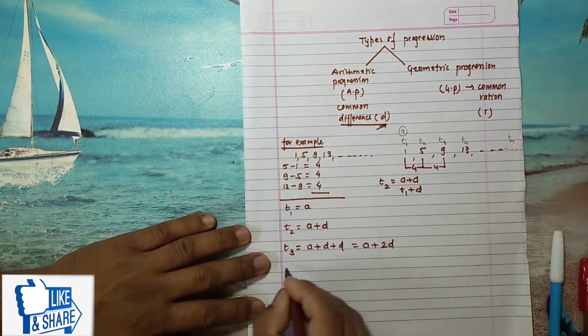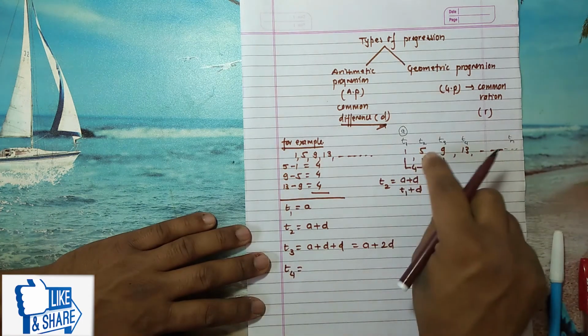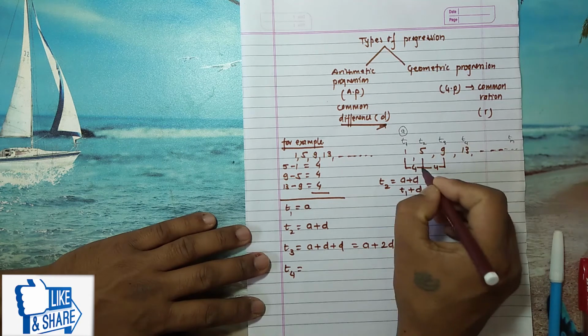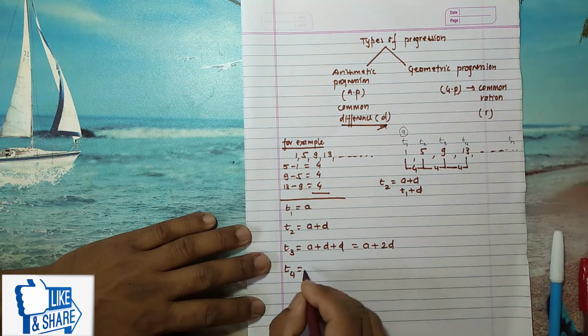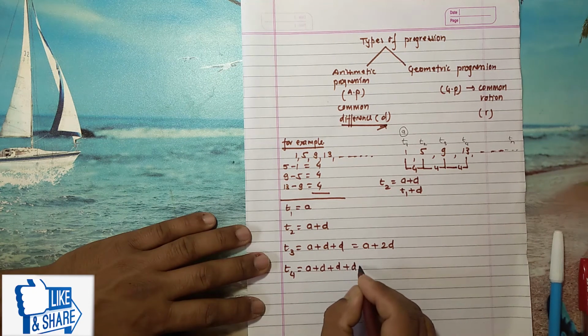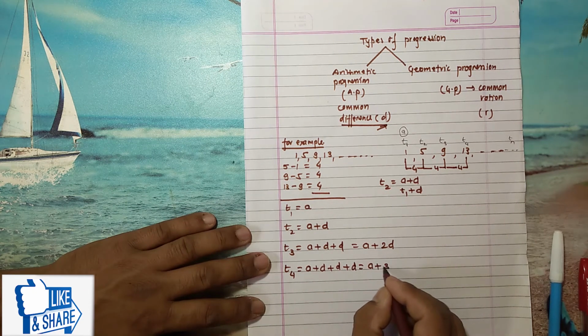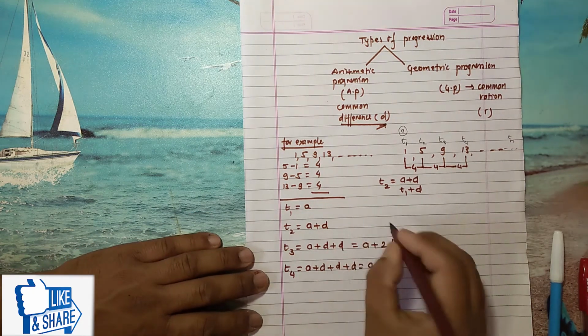Similarly for T4, A plus D plus D plus again D. A plus D plus D plus D means A plus 3D. Clear?